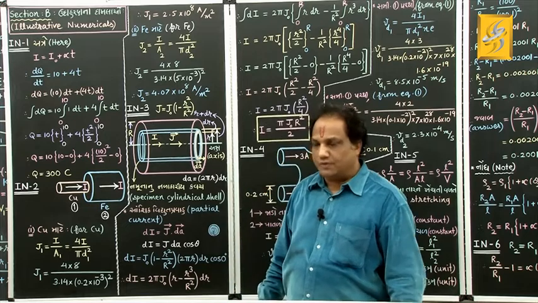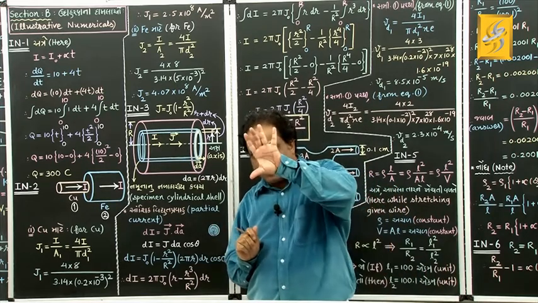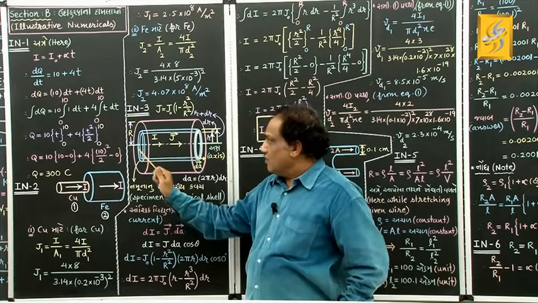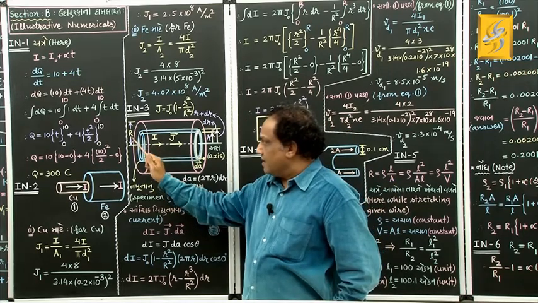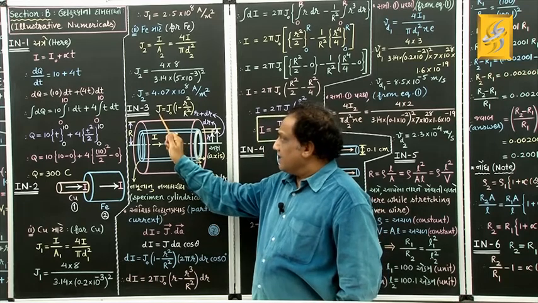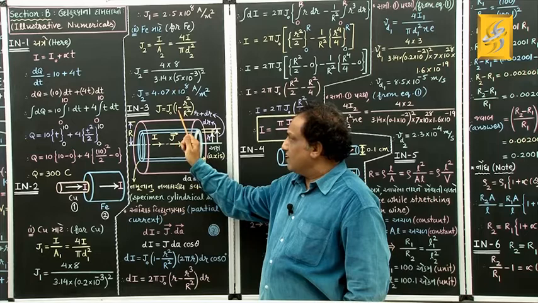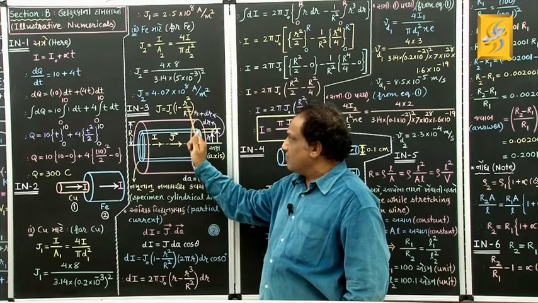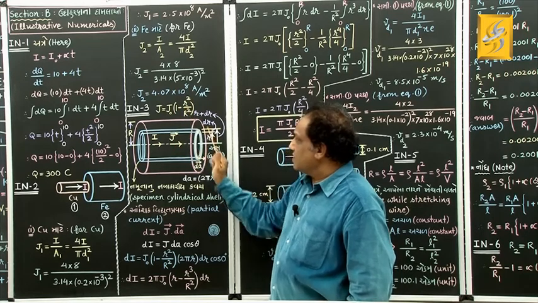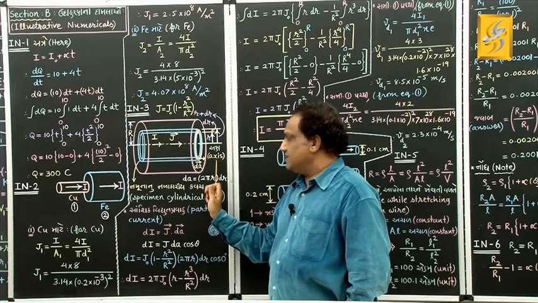Look, we are given a solid cylindrical conductor whose radius is capital R, in which the electric current density is J equals J0 into bracket 1 minus small r square upon capital R square, where small r is the perpendicular distance from its axis.